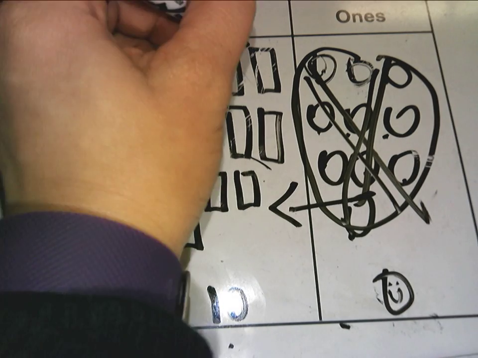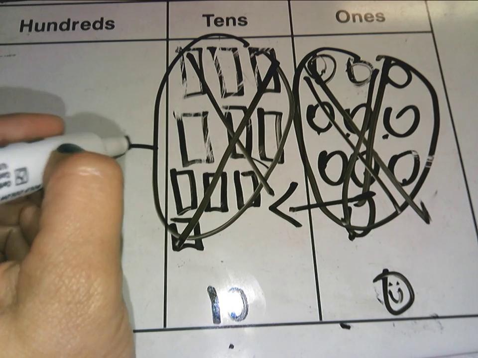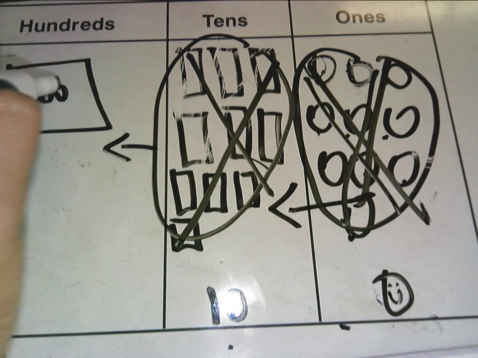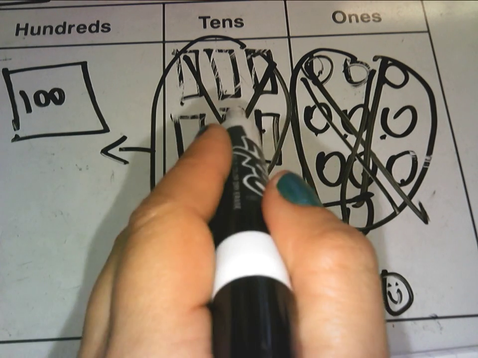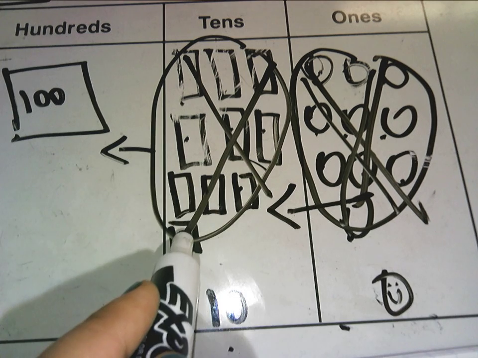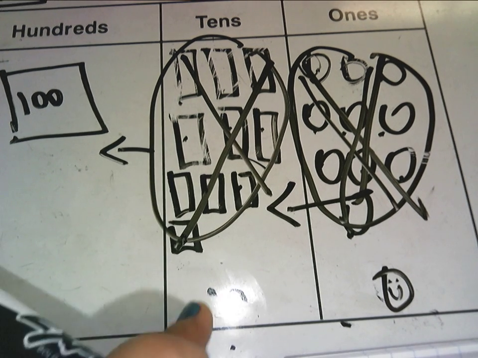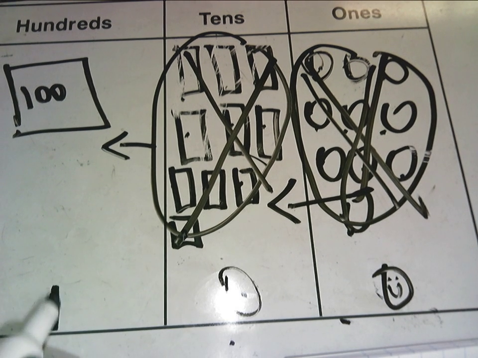So you're going to circle these, cross them off, put them over here into one group of 100. Because if you add up 10 tens, it's 100. 10, 20, 30, 40, 50, 60, 70, 80, 90, 100. So instead of having them in the tens place, you're now showing it in a group of hundreds. So there's none in the tens, there's 1 in the hundreds.